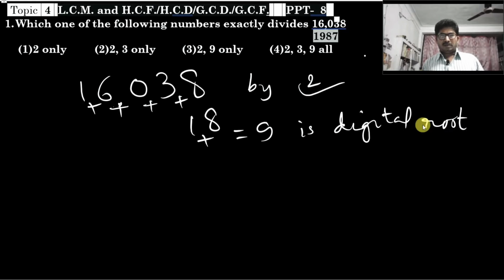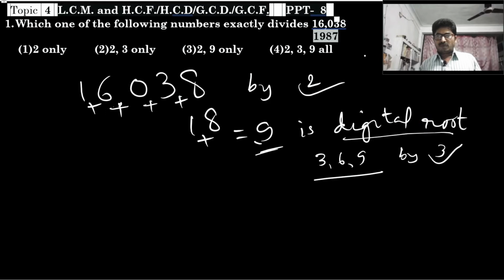When we add the sum of all the digits of a number until we get a single digit, that single digit is called the digital root. If the digital root of a number is 3 or 6 or 9, then the number is exactly divisible by 3. So it is exactly divisible by 3.